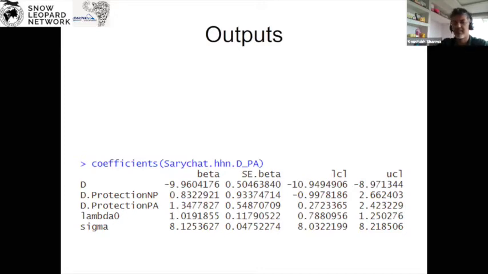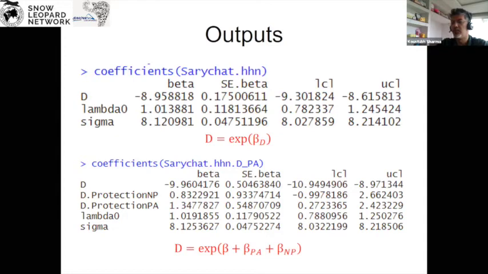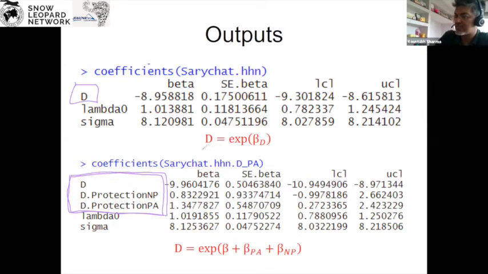Now, this is very similar to what we looked at earlier. The only difference, if you look carefully, is that instead of just D, there are now three coefficients that we are looking at. There's not just one coefficient like was the case in the earlier one. What do these mean? You remember we discussed the relationship of density with the coefficient: D is equal to the exponential of beta, which is this one, right?